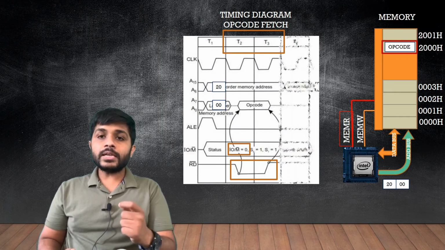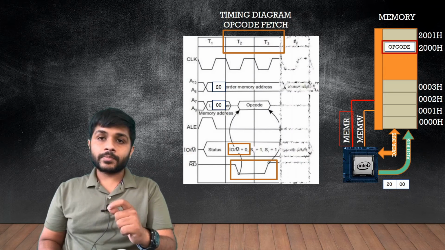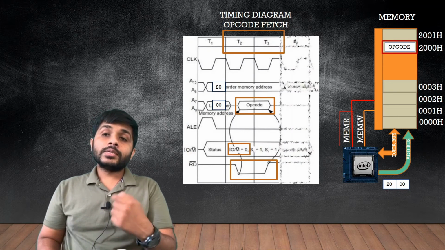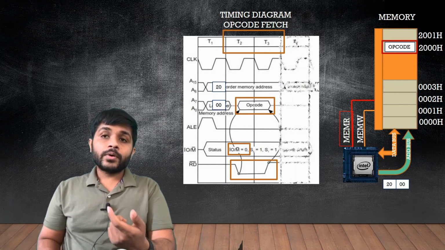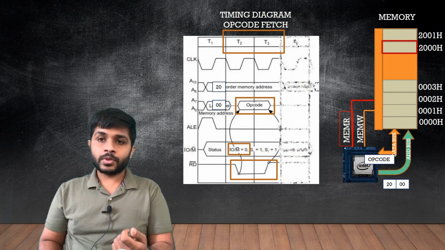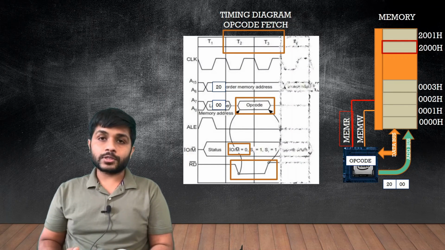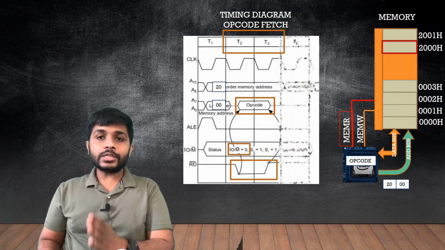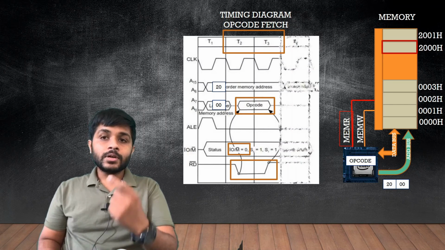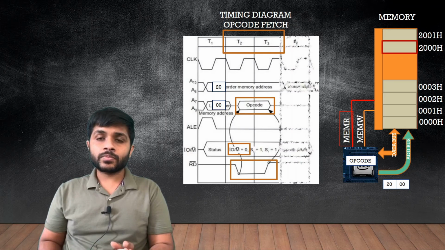So memory will release whatever opcode is stored in the selected address and send it to the microprocessor via the data bus. You can see that the opcode is received by the microprocessor. So in the T2 and T3 states, the microprocessor receives the opcode. It means the opcode fetch process is done.